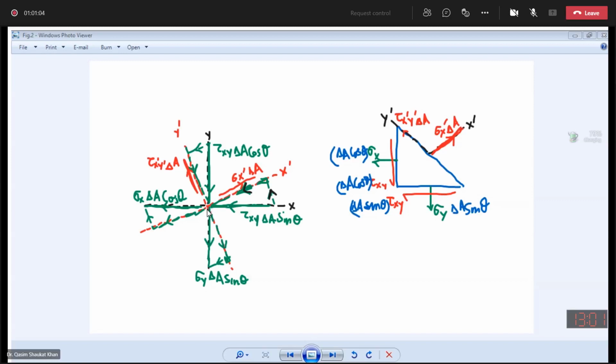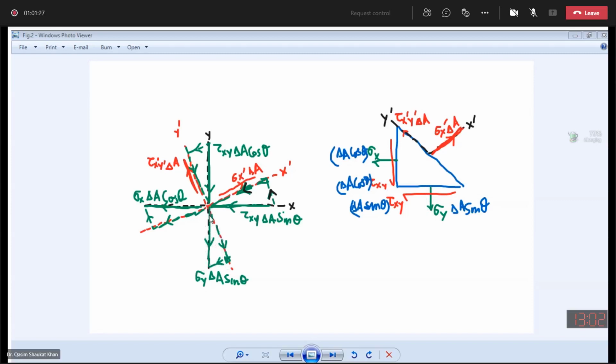next is sigma y delta a sin theta. This component, sigma y delta a sin theta, will have two components, one along the y dash axis, the other along the x dash axis.